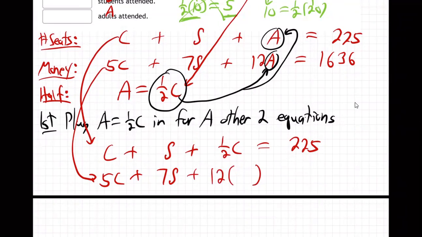A half C. Here, let me make this more clear for you. Is that good? I took that half C, put it in right there, put it in right there. Equals 1636.